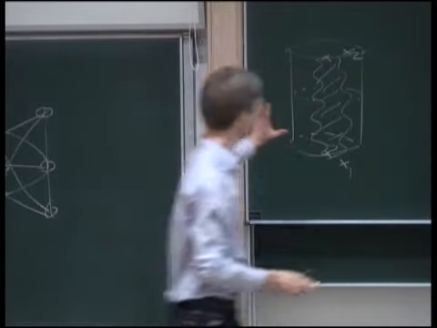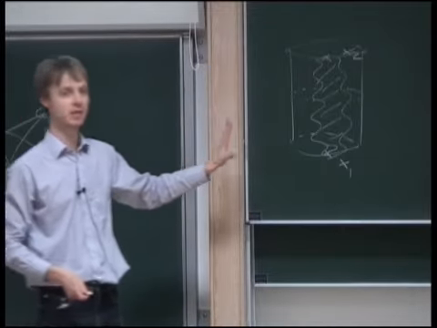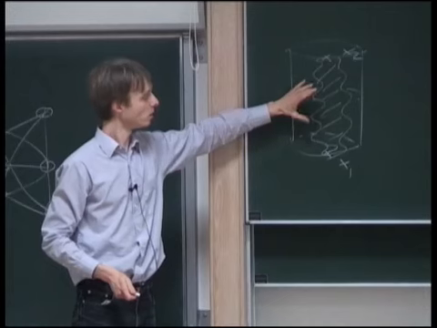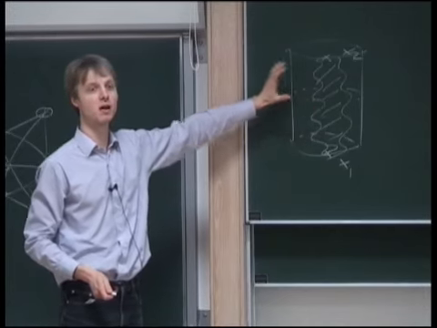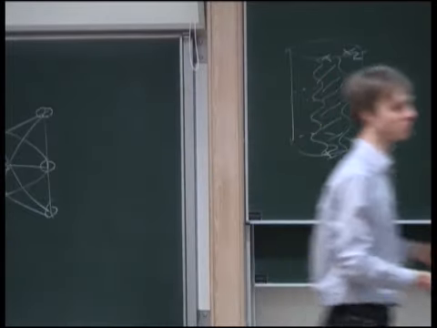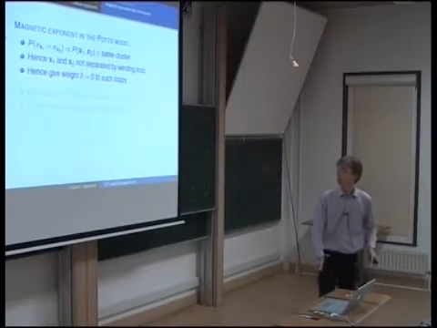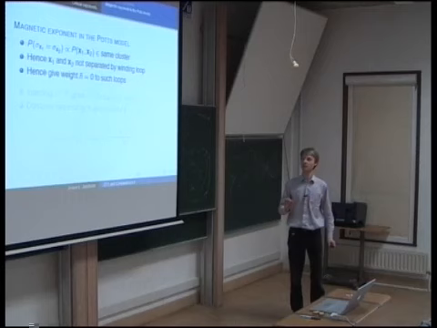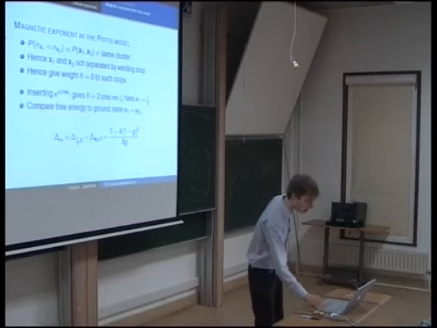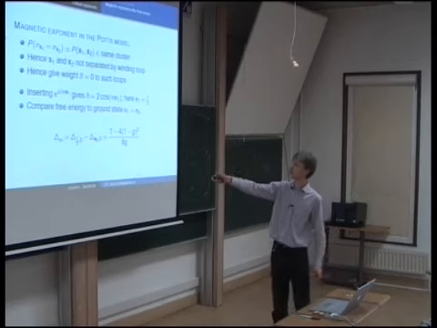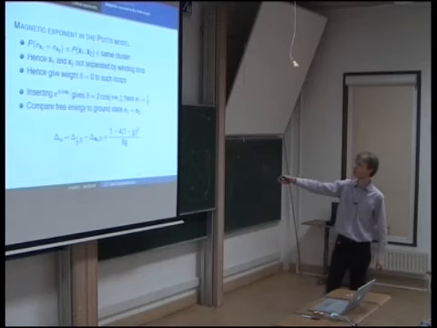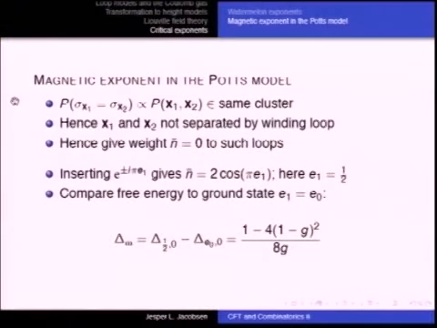So suppose I manipulated my theory a little bit so that I gave different weights to boundaries, so cycles which are homotopic to a point and those which are not. That is just possible by manipulating this term a little bit, and then I would put the weight of these guys equal to 0. So what I need to do is to insert these vertex operators here at the cylinder ends so that n bar is 2 cosine pi e1, and set e1 equal to 1/2 so that n bar is 0.